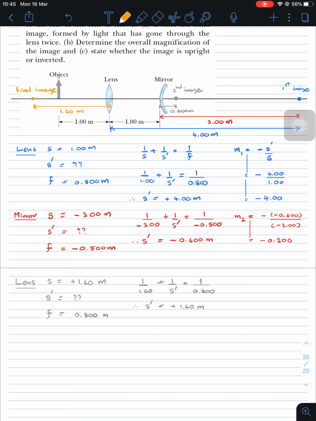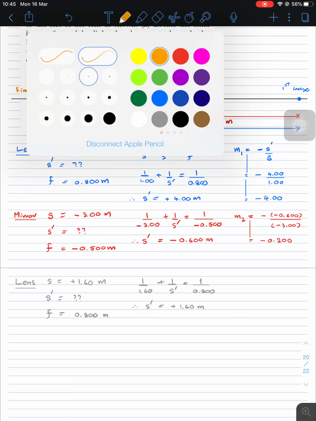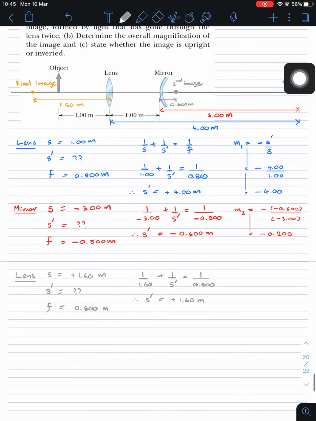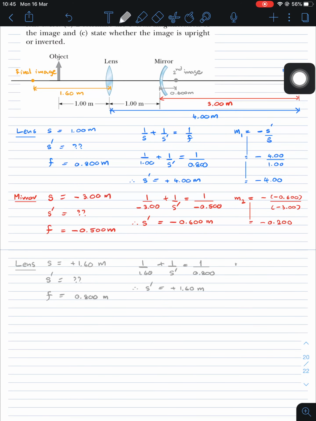Let's compute the magnification. Let's say M3 equals minus S prime over S, and the S is 1.60 as well. So the magnification is equal to negative 1.00.